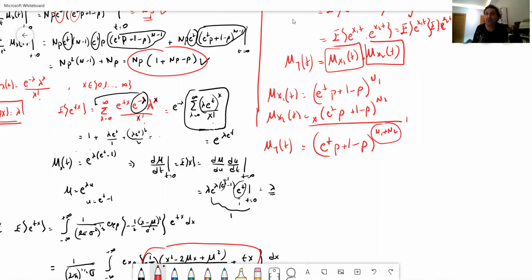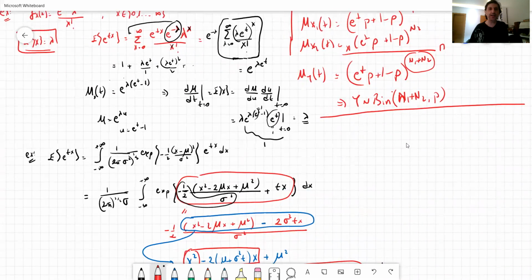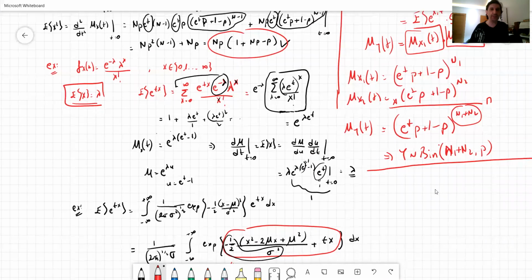Think about n1 plus n2 as a new n. This is the moment generating function of a binomial distributed random variable. Therefore, Y would be binomial distributed with n trials, where n is equal to n1 plus n2, and with parameter p. So very simple.